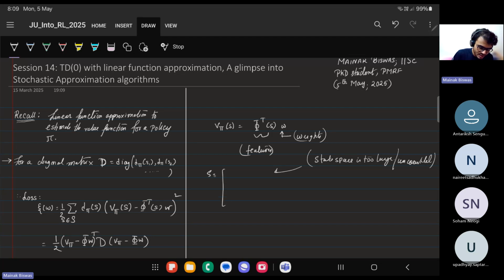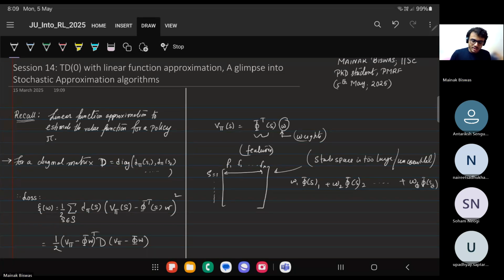So for every state s equal to 1 and all the way, we could have features f1, f2, dot, dot, dot, fn, such that we learn the value function w, or weight vector w, such that w1 phi s1 plus w2 phi s2, so dot, dot, dot, all the way to wd phi of sd. These are all the columns 1, 2, 3, and this is d features.